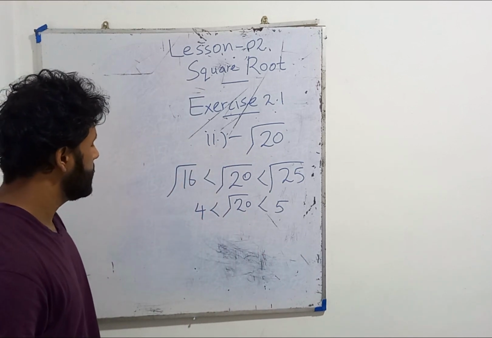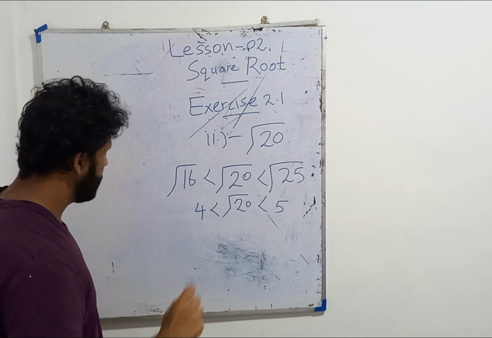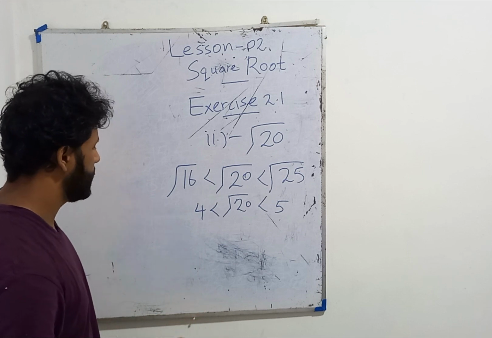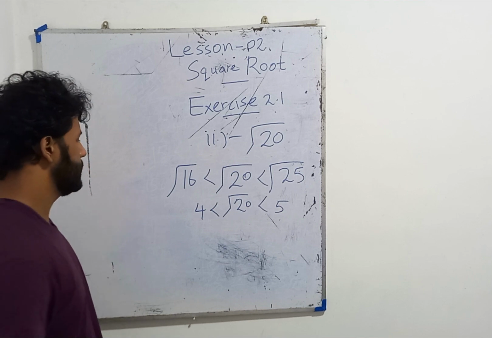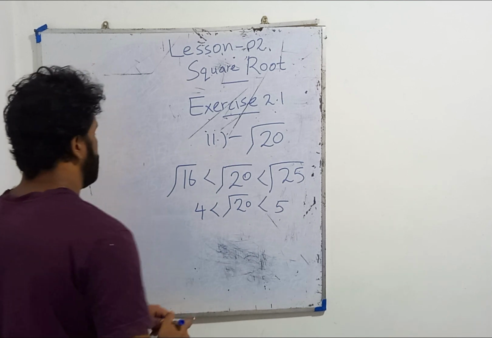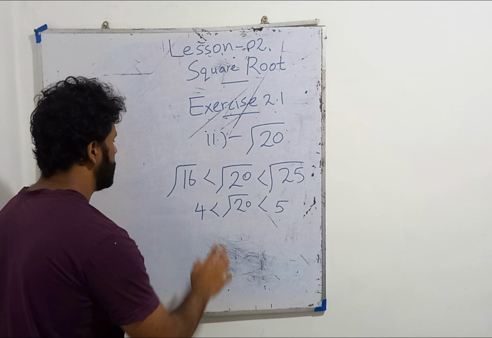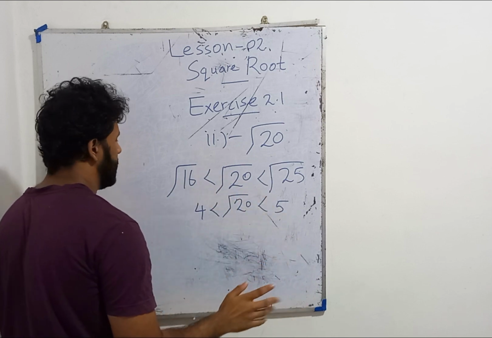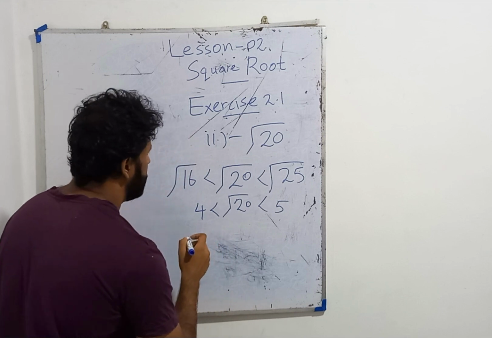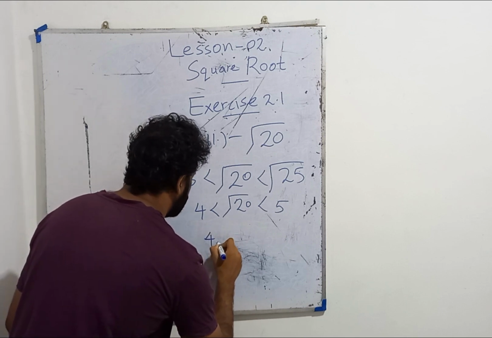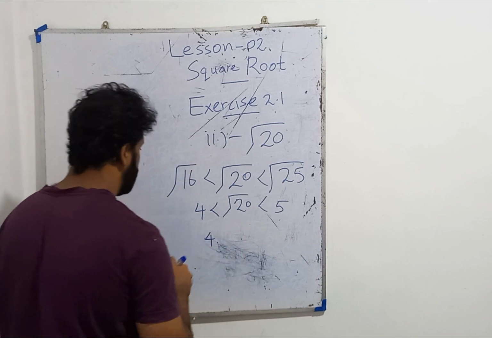Okay, let's start from 4.2, because 4.1 we already know is like 17 or something like that. Then let's take from 4.2.